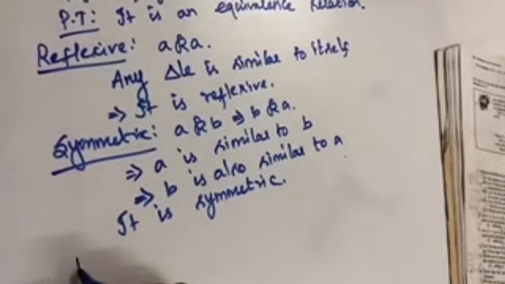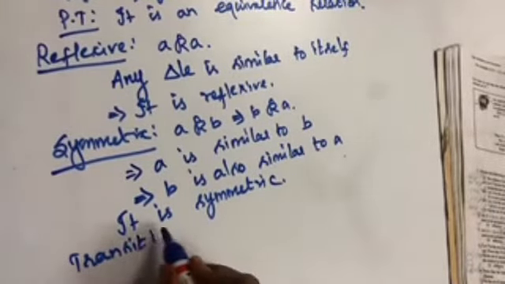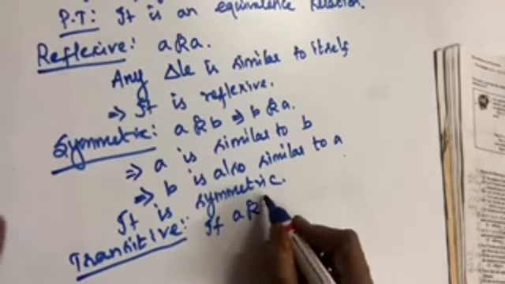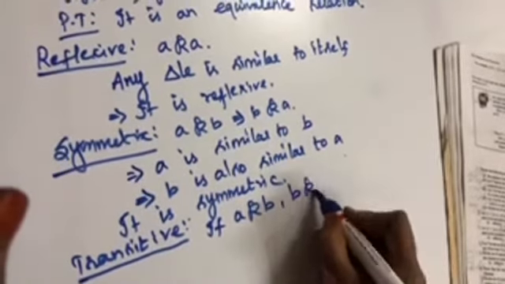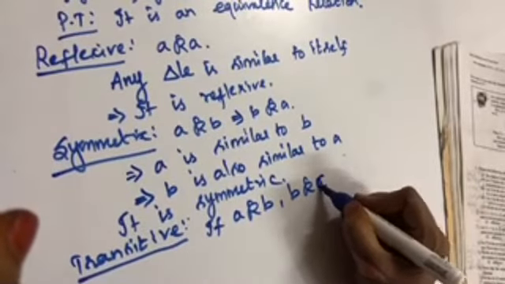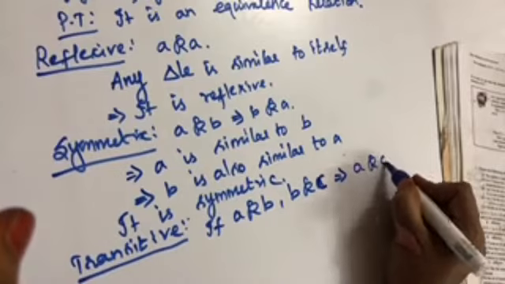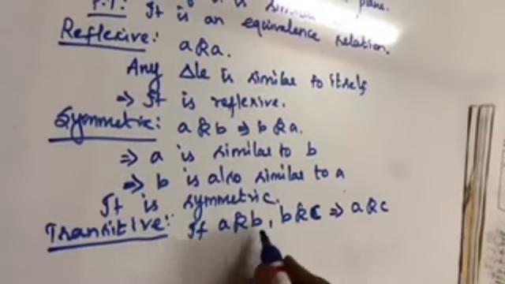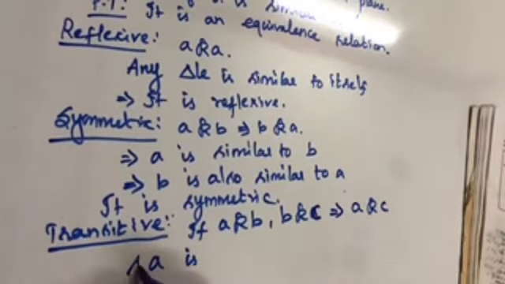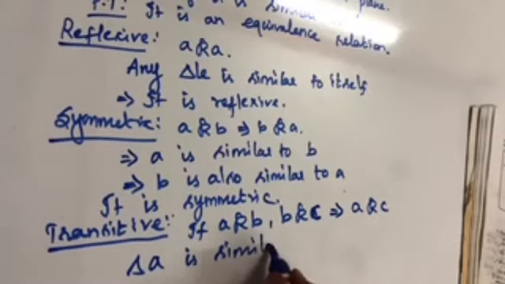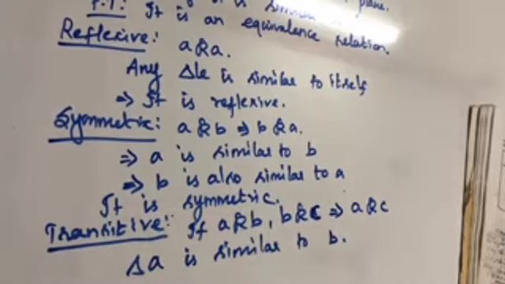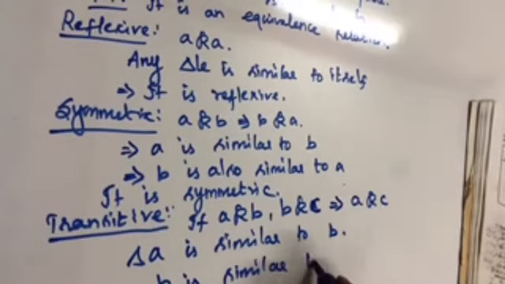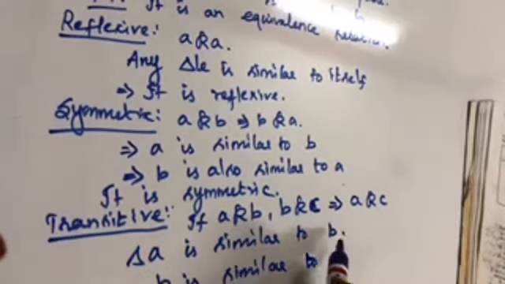Third condition, transitive. If A is related to B and B is related to C, we have to check whether A is related to C. Okay, if A is related to B, it means triangle A is similar to the triangle B. And triangle B is similar to triangle C. A and B are similar.